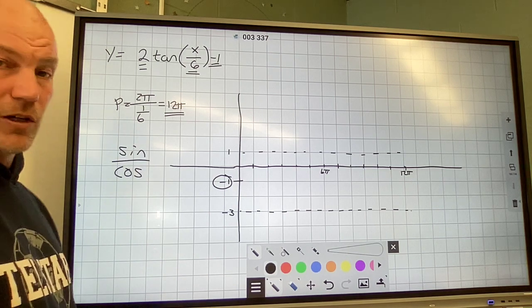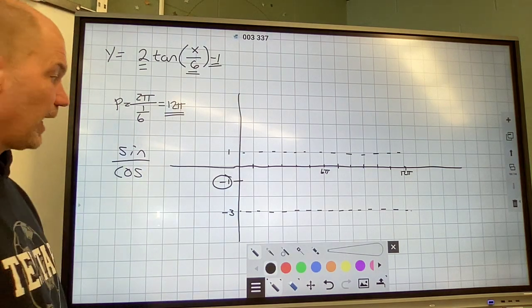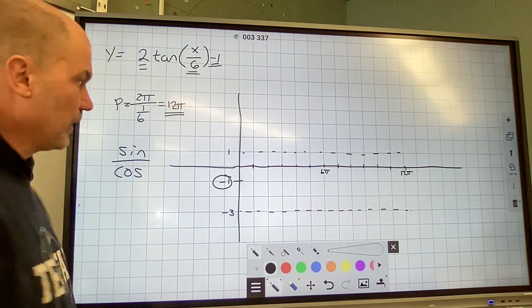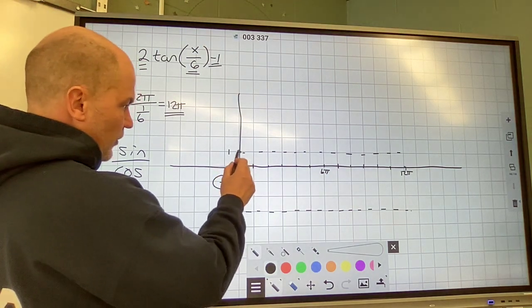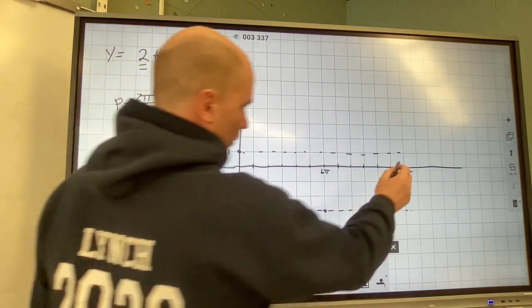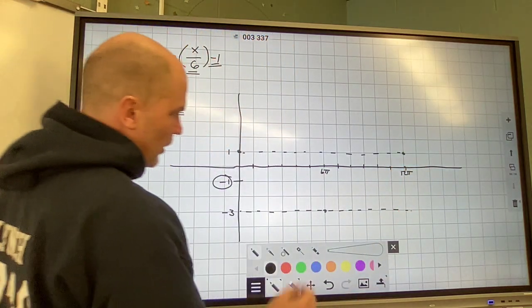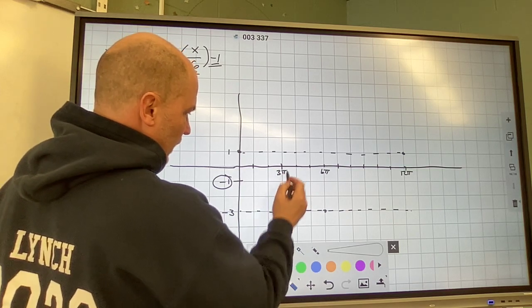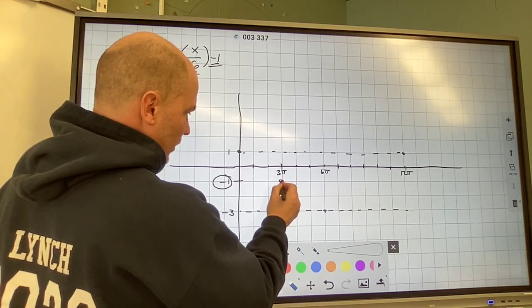So we know that the cosine function starts at 1, and then it goes down to -1 halfway through and goes back up to 1. So halfway through, at 3 pi in this case, it is going to be our 0.